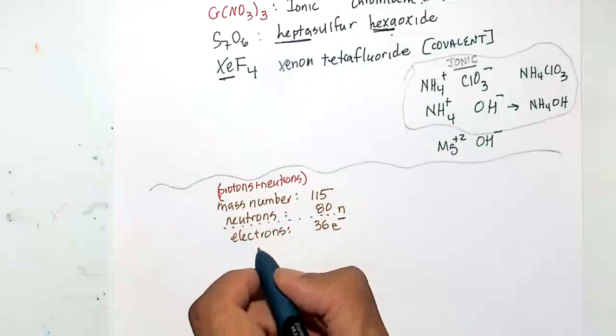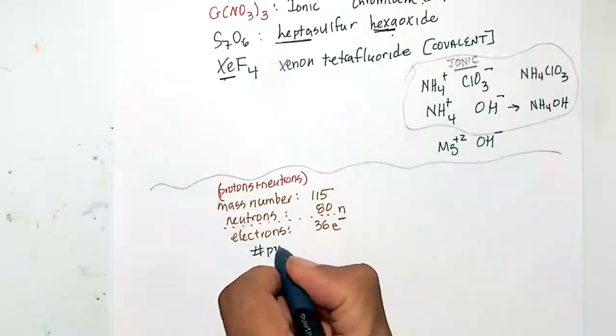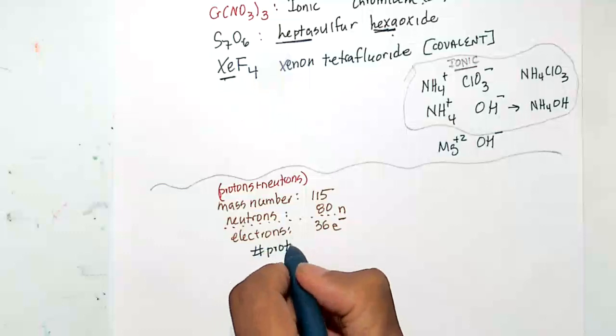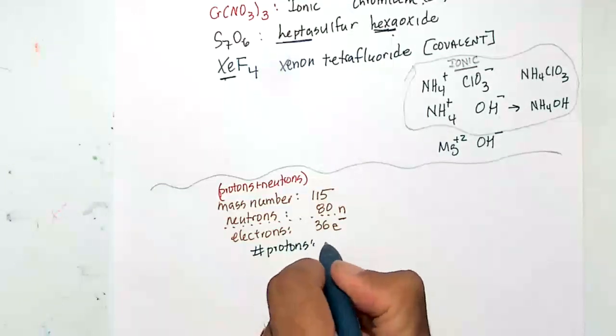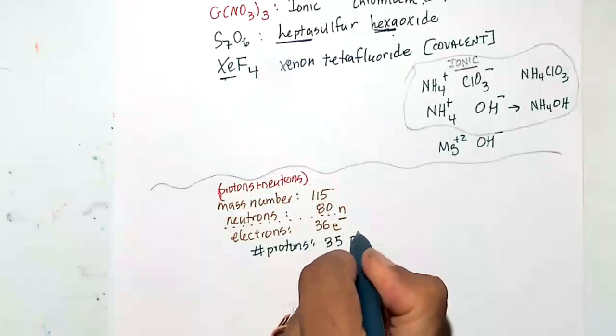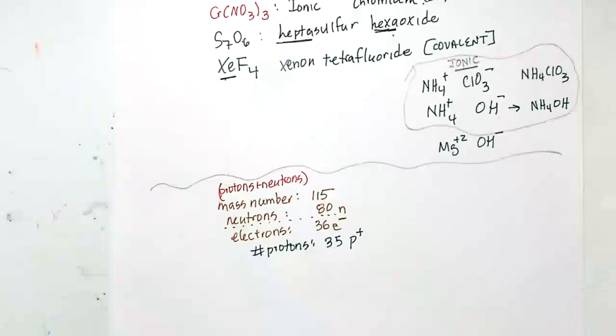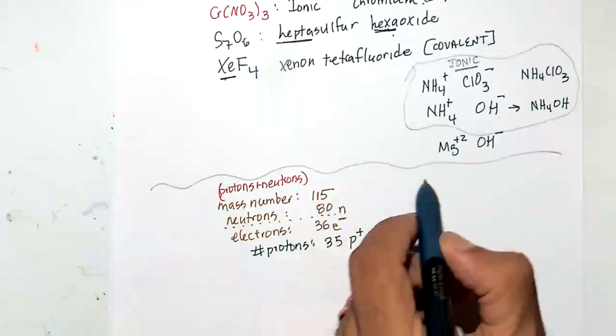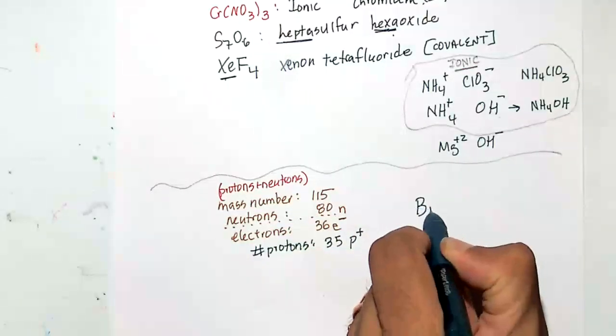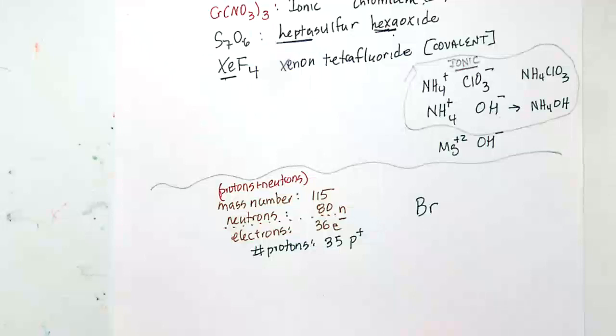So what's 115 minus 80? 35. Okay, what element in the periodic table has 35 protons? Bromine. So we got the element, and it has 36 electrons though.